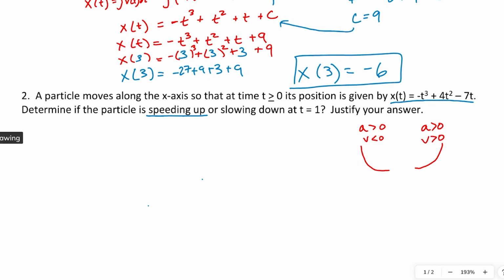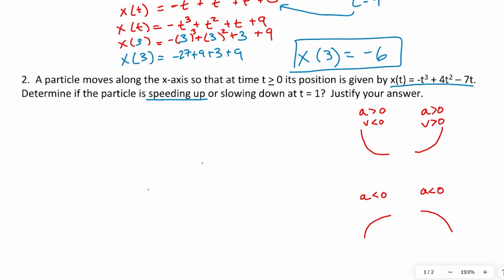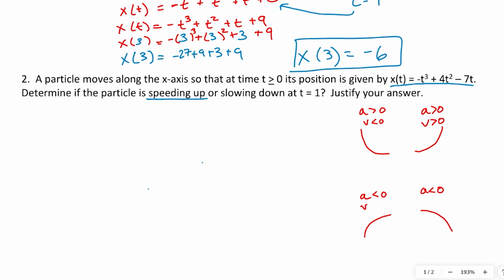We could also consider when the acceleration is negative, in which case the curve of the position is going to be concave down. So either your graph is going to do something like this or something like this. And in one case, the velocity is positive, and in one case, the velocity is negative.